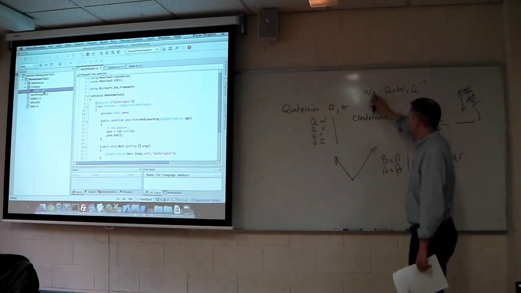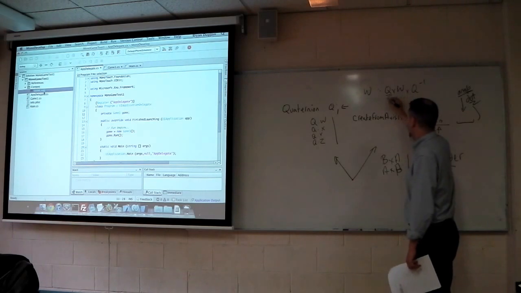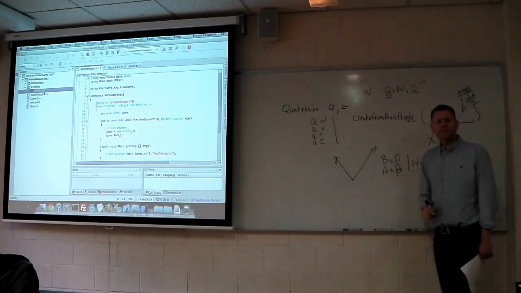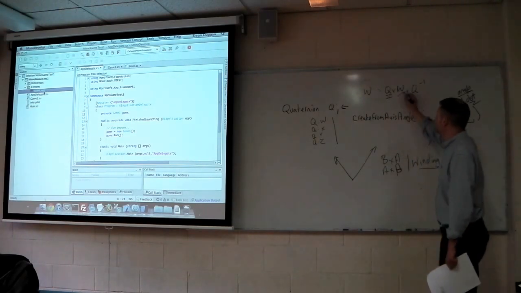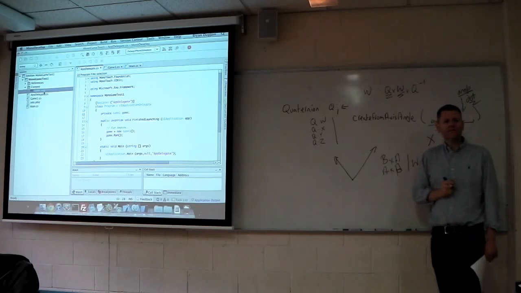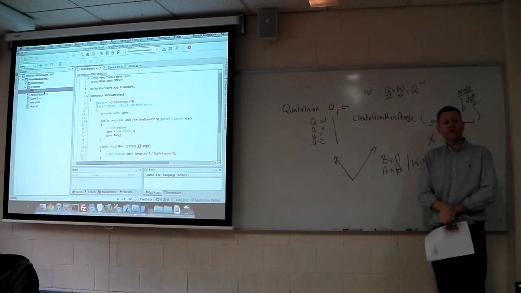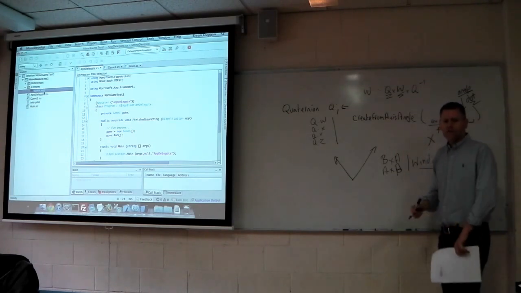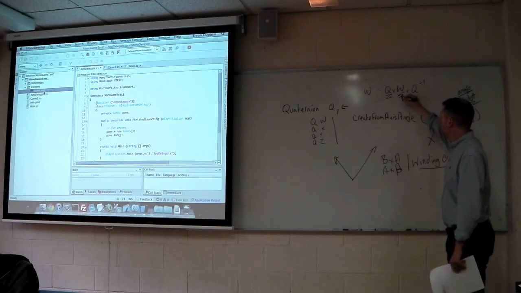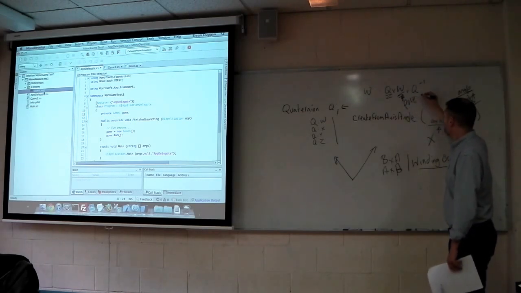So this is how you rotate a vector by a quaternion, where Q is the quaternion you want to rotate. W is what? Can anybody remember? This W on this one here. It's a pure quaternion made from the vector.